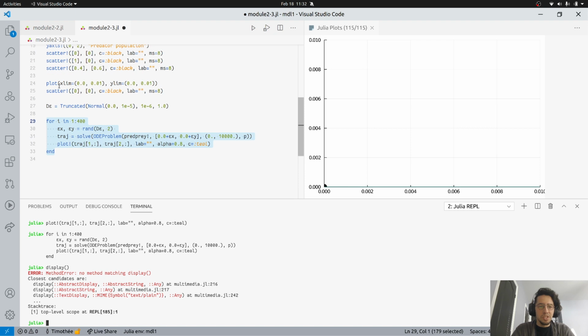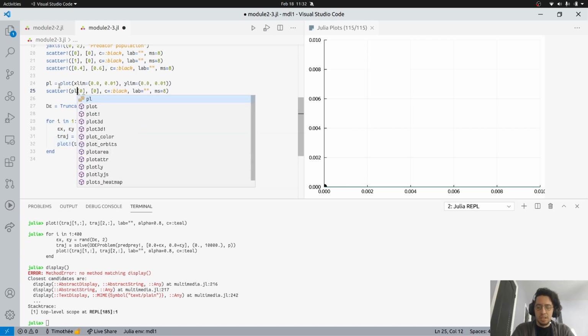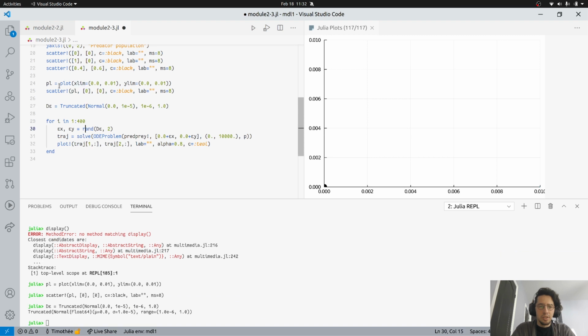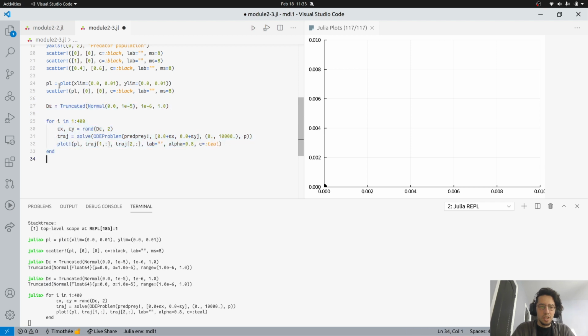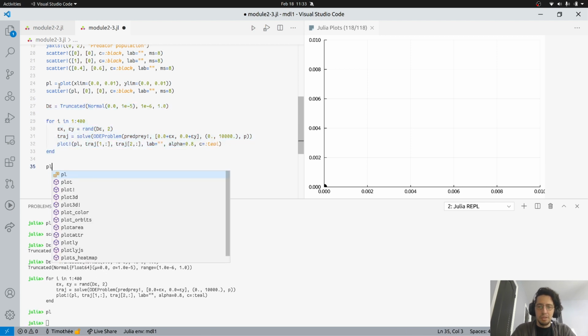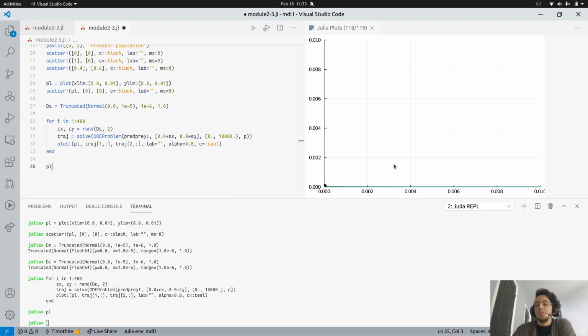You know what, let me just do this thing, pl, and we are going to add the things to pl here and show pl. Okay, so what we see here is that we do have some of the trajectories that are moving away. In fact, most of them, all of them are moving away from the equilibrium.